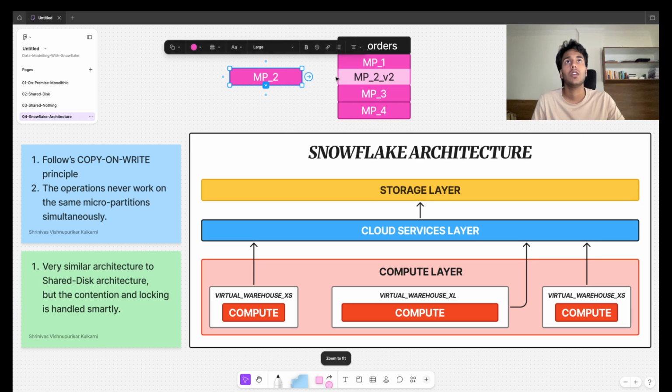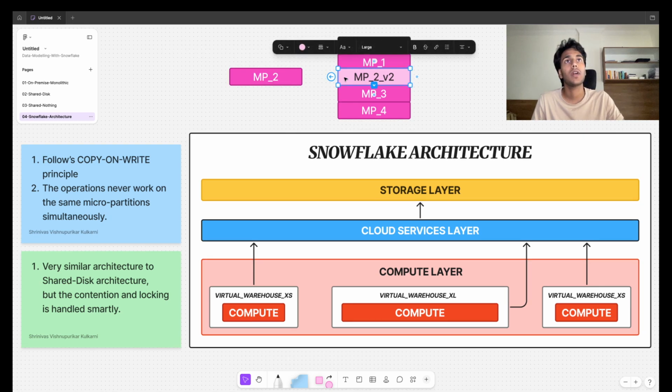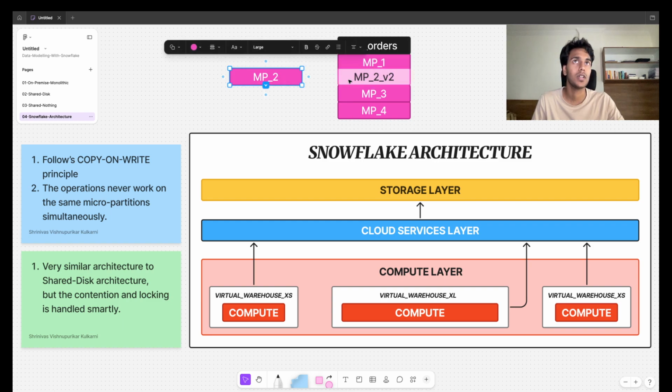You create a copy of a micro partition and then make changes to it. So when there is no particular micro partition or data point to fight for, will there be a need for these compute resources to fight? No, not necessarily.